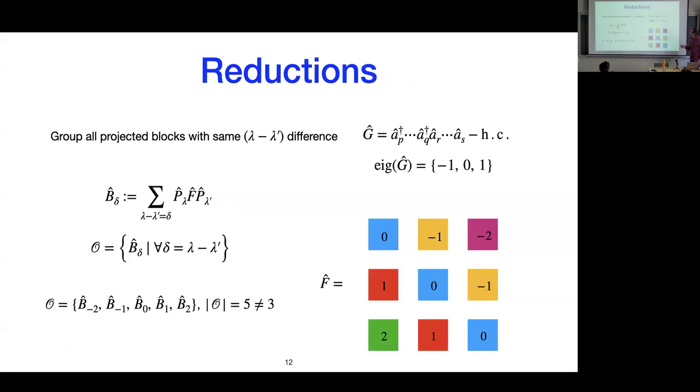If you group all the projected blocks with the same eigenvalue difference, it would look something like this. For example, these blocks have the same difference -1, and these 2 blocks have the same difference +1. So you end up with a smaller vector space, which is invariant with respect to the commutator. You have 5 operators, not 9, but it's still not 3. So we are still lacking something.